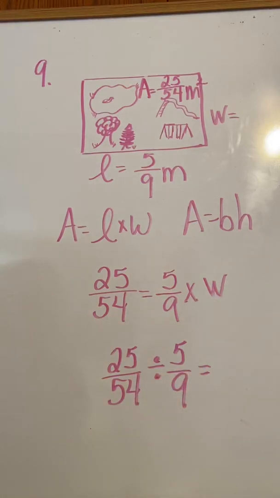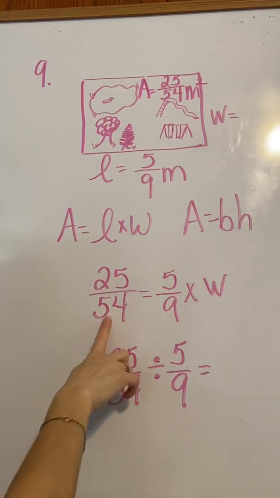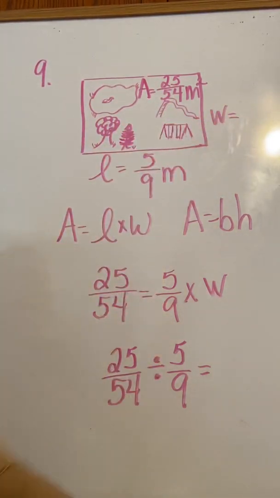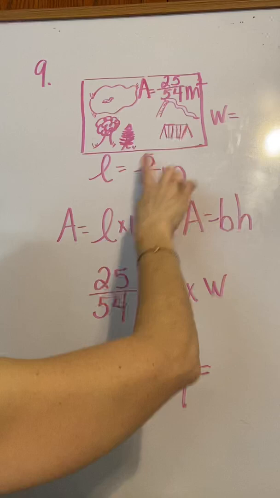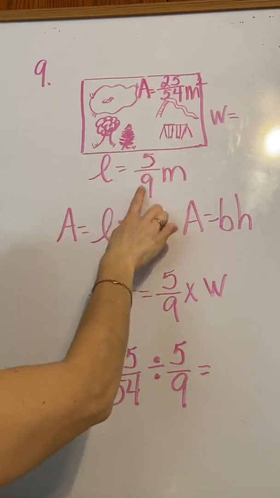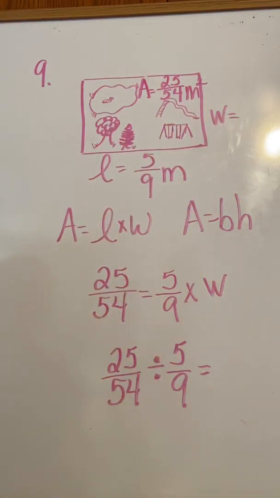So we're going to divide. We have the area and the length, but we're missing the width. So if we're missing one of the two things we multiply to get our answer, then we can divide the answer by this one to get the width.